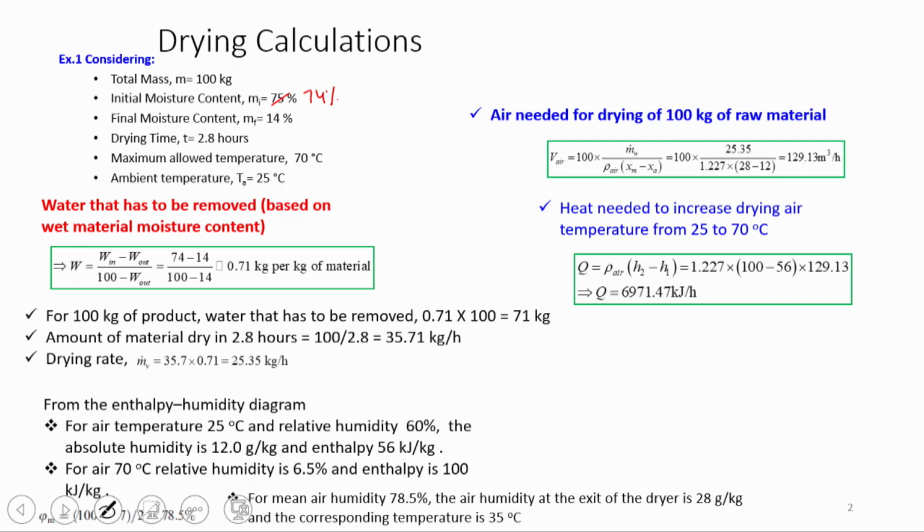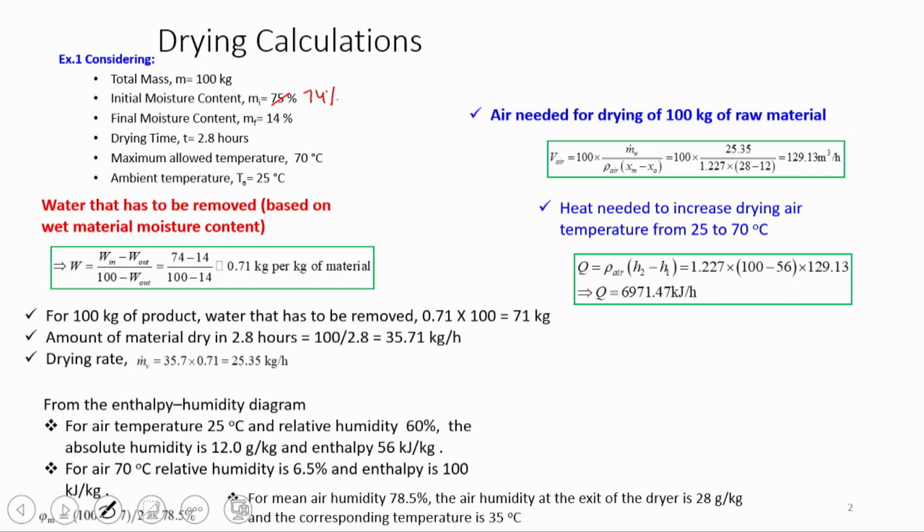And once you know this, then you can find out the heat needed to increase the drying air temperature from 25 to 70 degrees Celsius. Okay. For this we need these enthalpies. You already know how this can be studied from a psychrometric chart, which you studied in the last class also. From there we can find out.